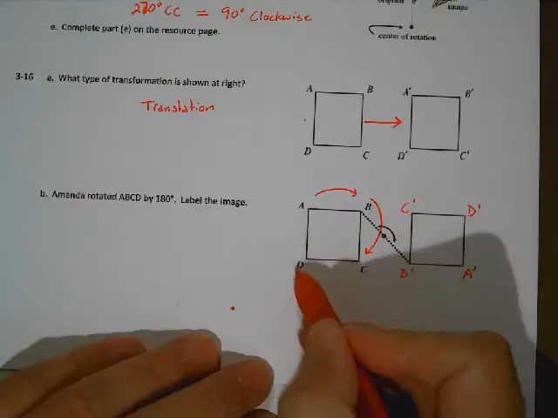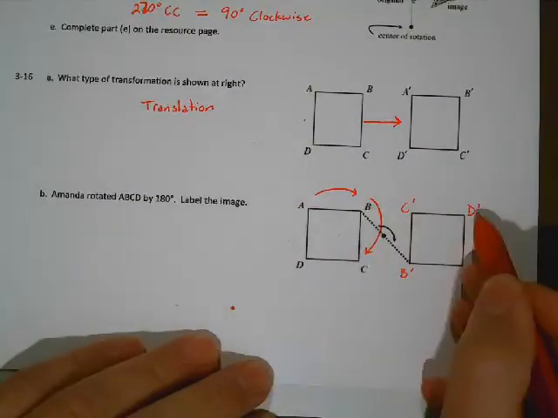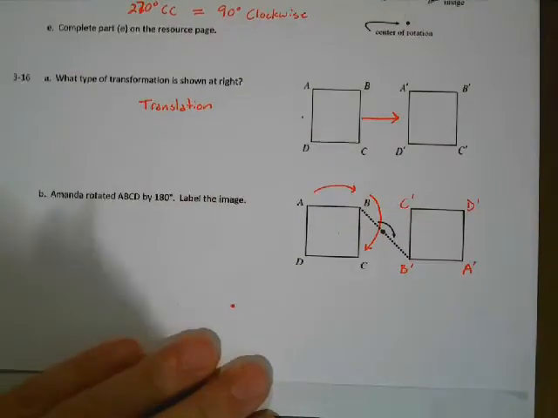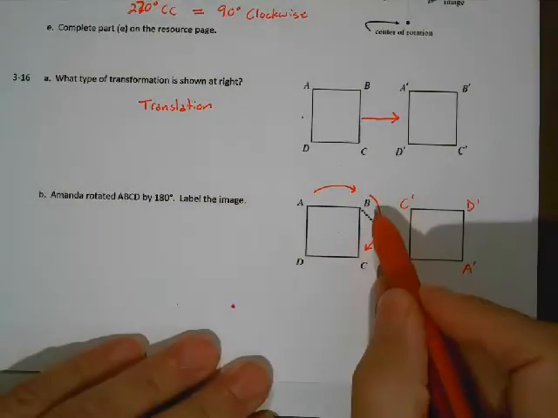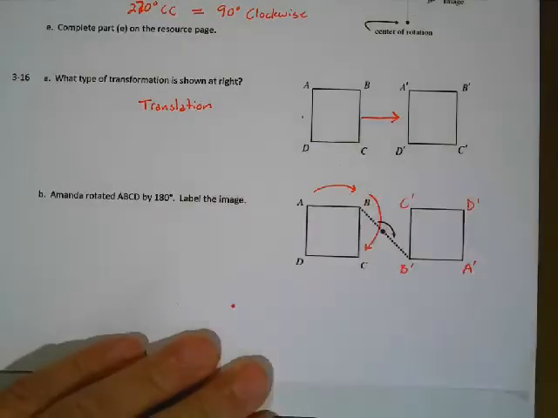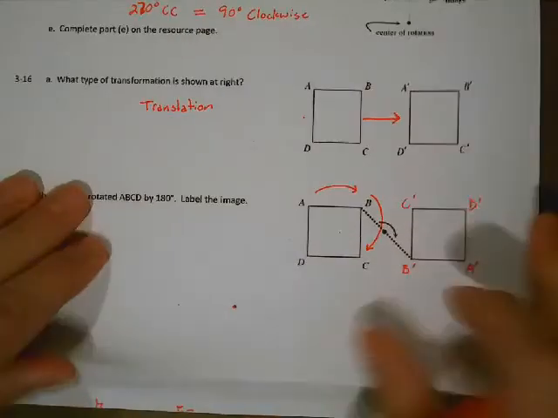C goes 90, then 90 more up here, and D goes 90, then 90 more goes to there. So 360 degrees gets you to where you started. So 90 degrees gives you one turn, 180, 270, and then 360 gets you to where you were at the beginning of it. All right, let's move on to 3-17.